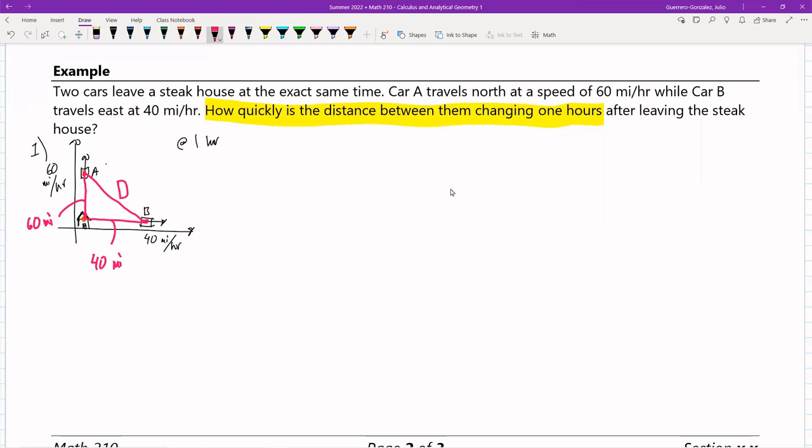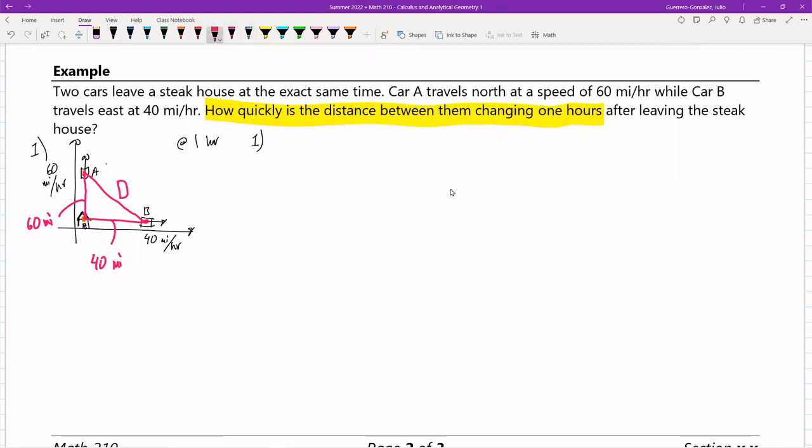Let's do the rest of step one. This is the mathy portion of it. Now we're going to identify all of the variables and expressions that we need.